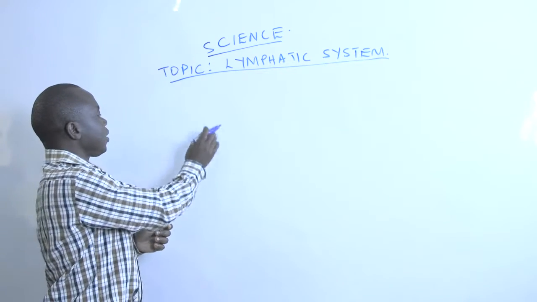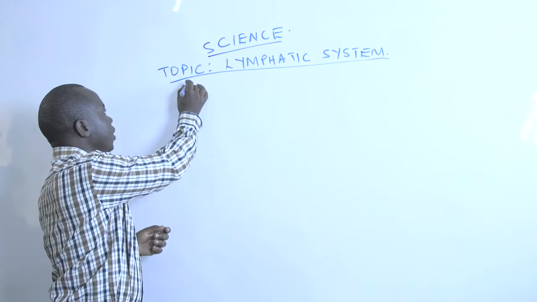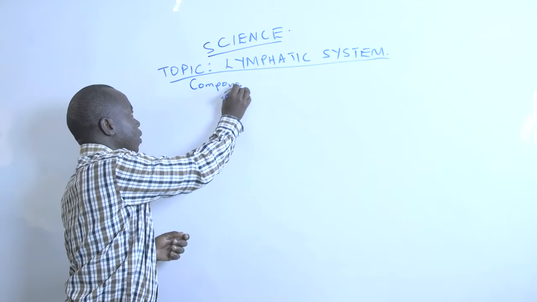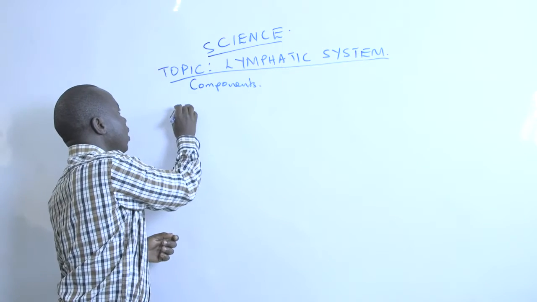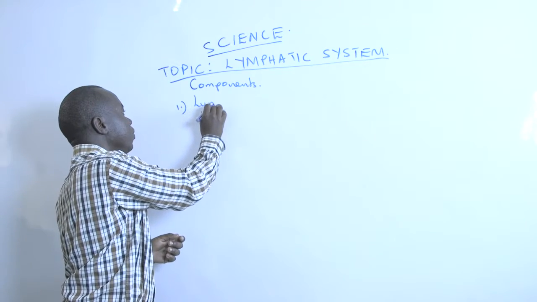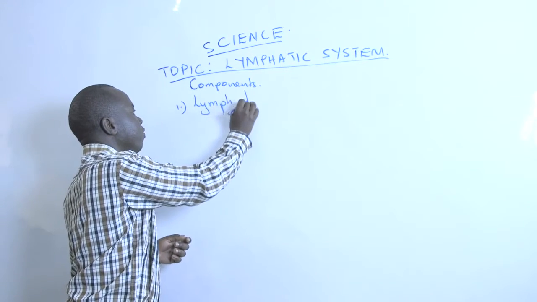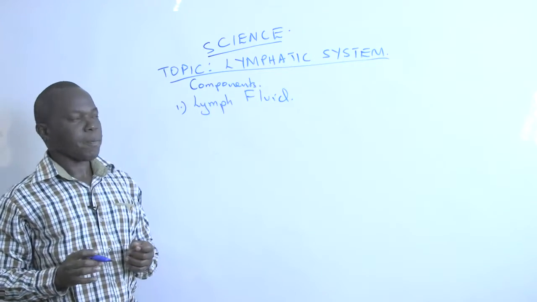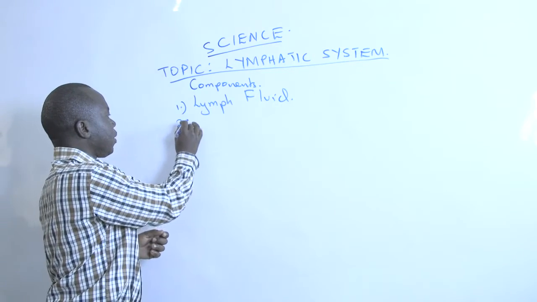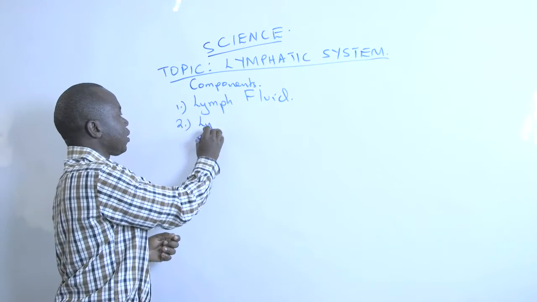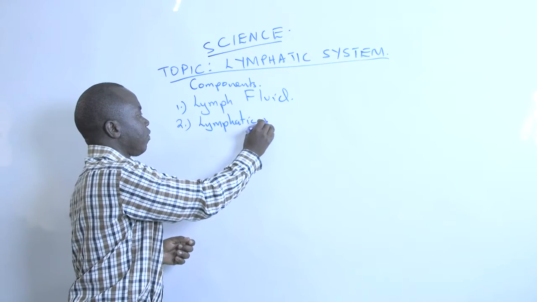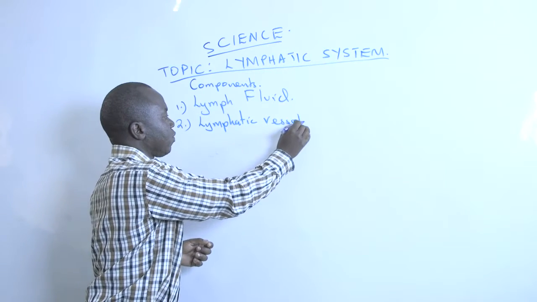The lymphatic system is made up of the following. One is lymph fluid. Then it also has lymphatic vessels.